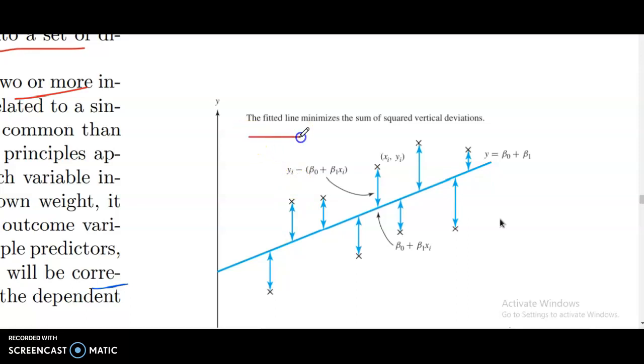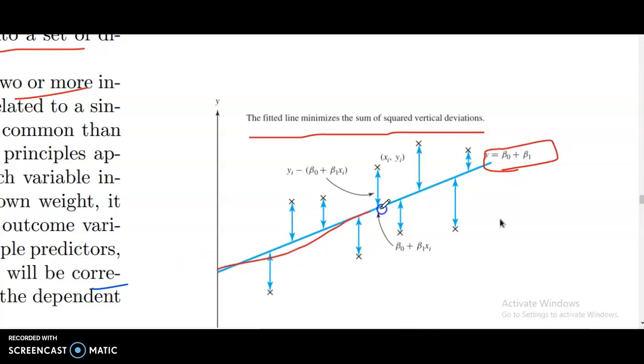The fitted line minimizes the sum of squared vertical deviations. So y equal to beta naught plus beta 1 x1. Here is the x-axis and the y-axis, with x1 and y1.